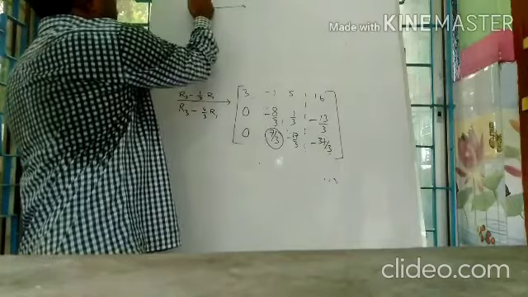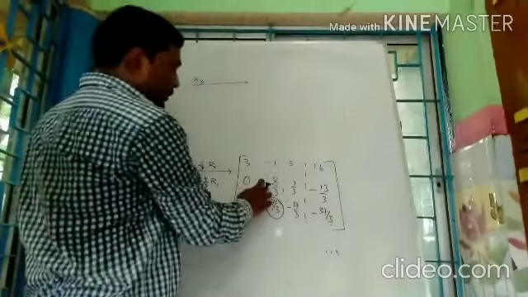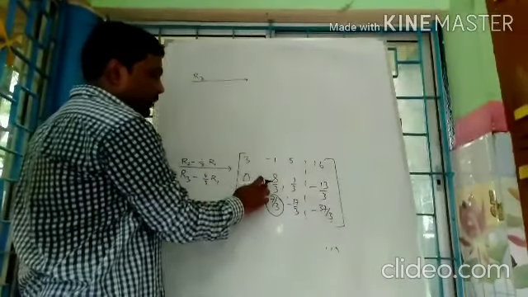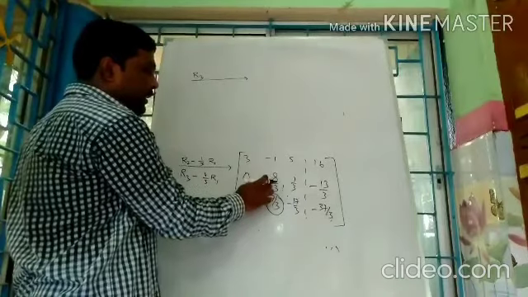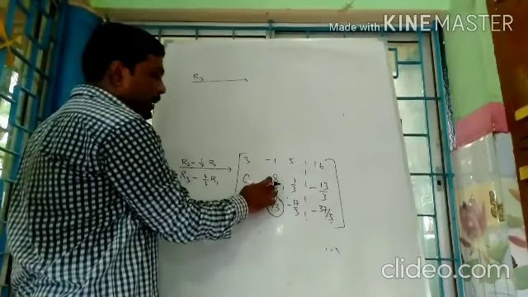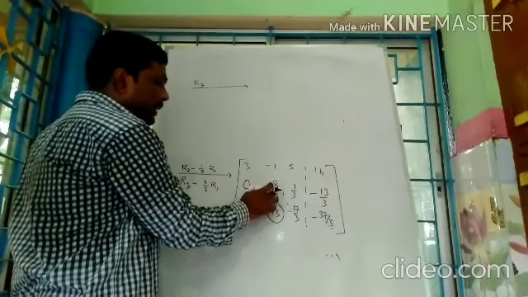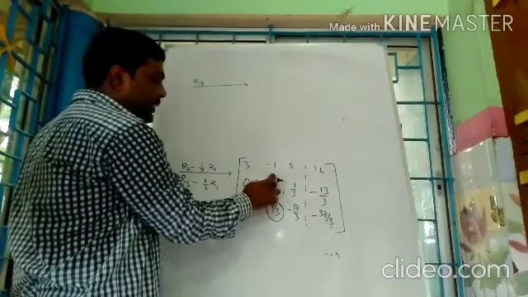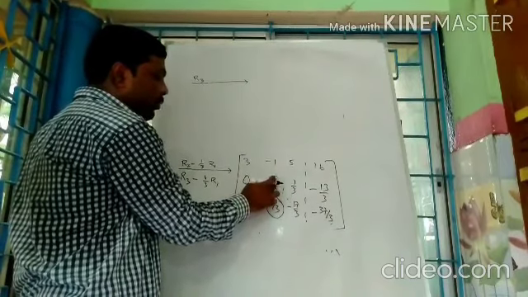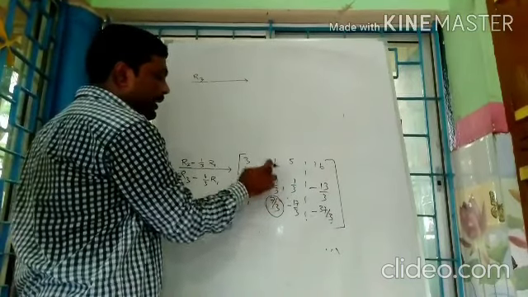R3. Now divide, make it into 1. So divide this by 3 by 8. Here it is 8 by 3. We have to make it 1. So it is divide it by 3 by 8.